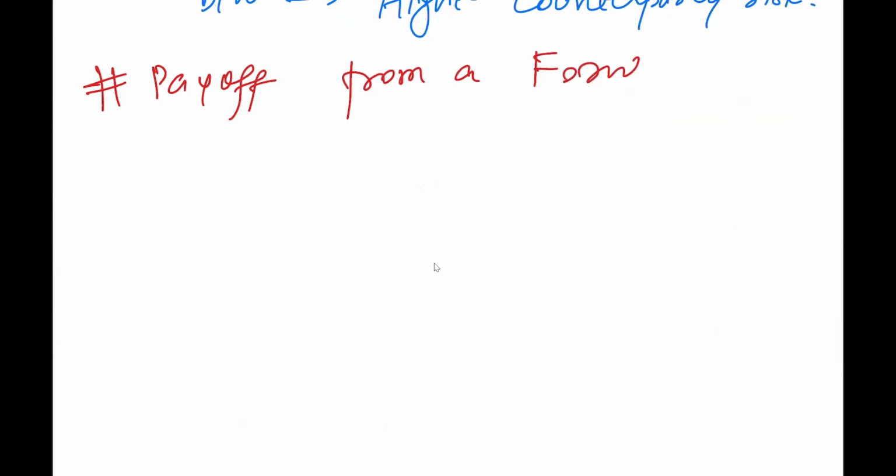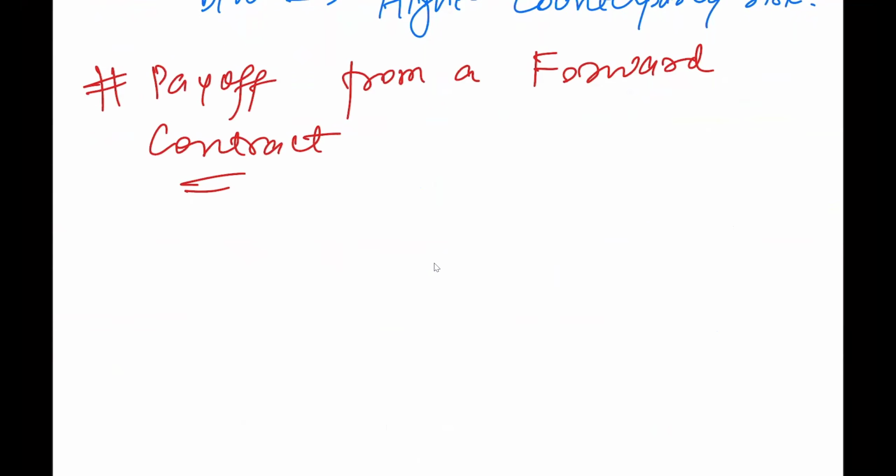So let's understand the payoff from a forward contract. It will be similar to what we saw in futures.